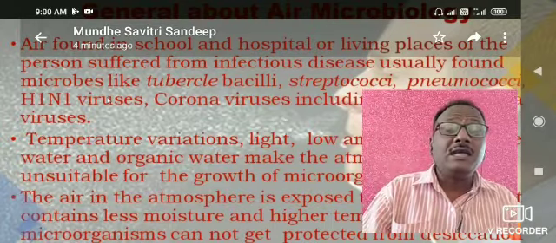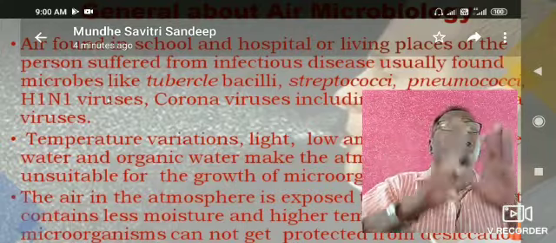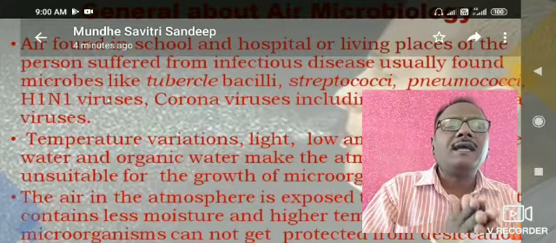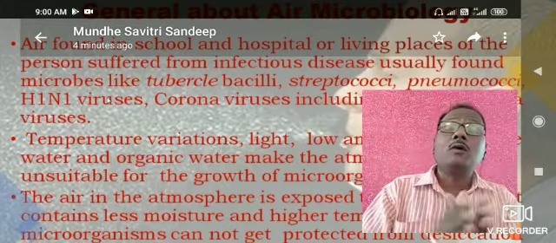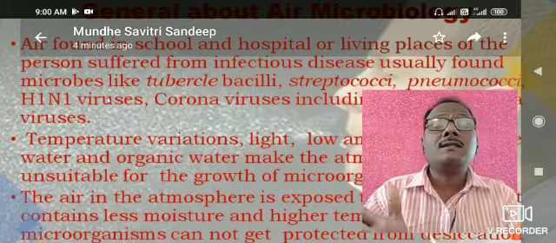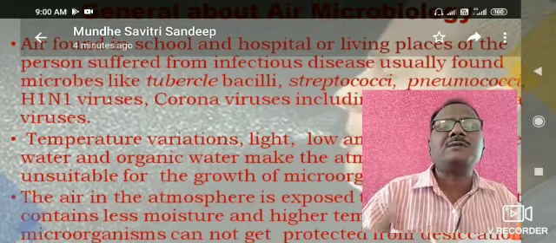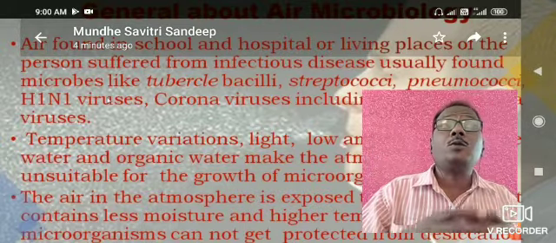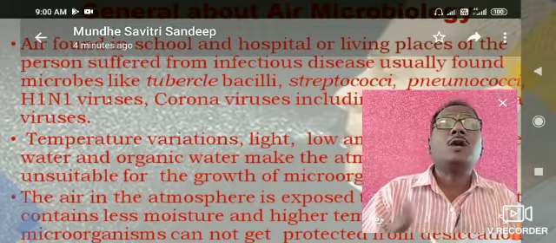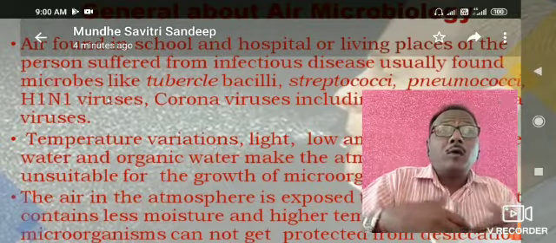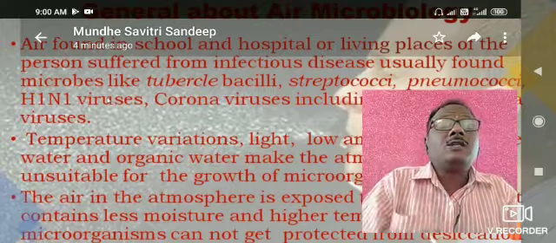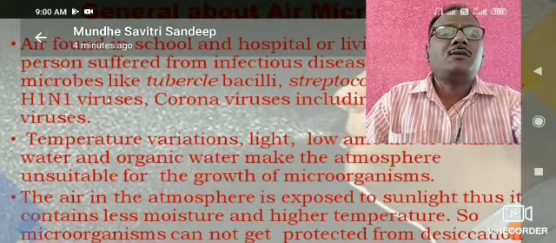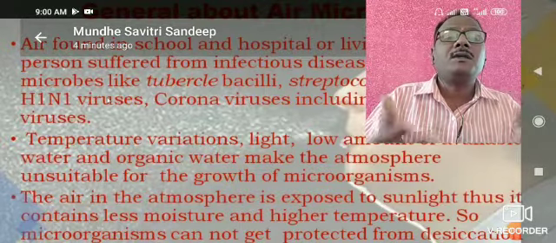And especially harmful microorganisms are present in the air, for example tubercle bacilli, streptococci, pneumococci, H1N1 virus, and the recently spread virus, coronavirus. It is also present in the air. That's why we are wearing masks, keeping social distance and using sanitizers. So these are the different microorganisms spread in the air.